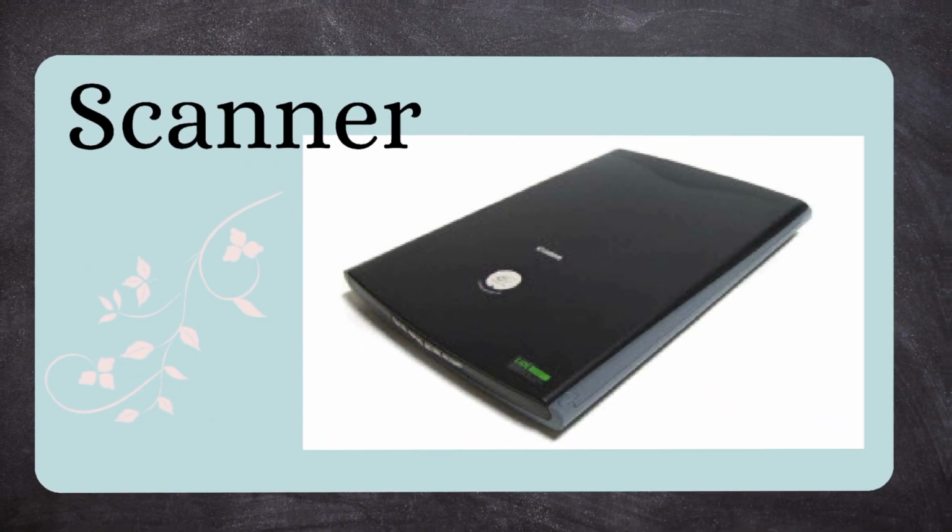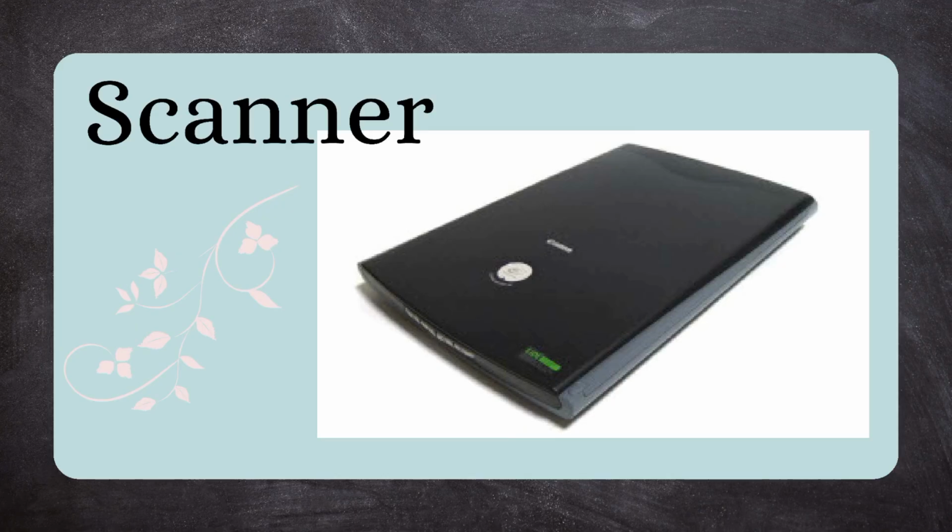Number 6 is scanner. A scanner is an electronic device that captures and converts physical documents and images into digital formats. It works by using a light source to illuminate the document and a sensor to capture the reflected light, creating a digital representation of the original.